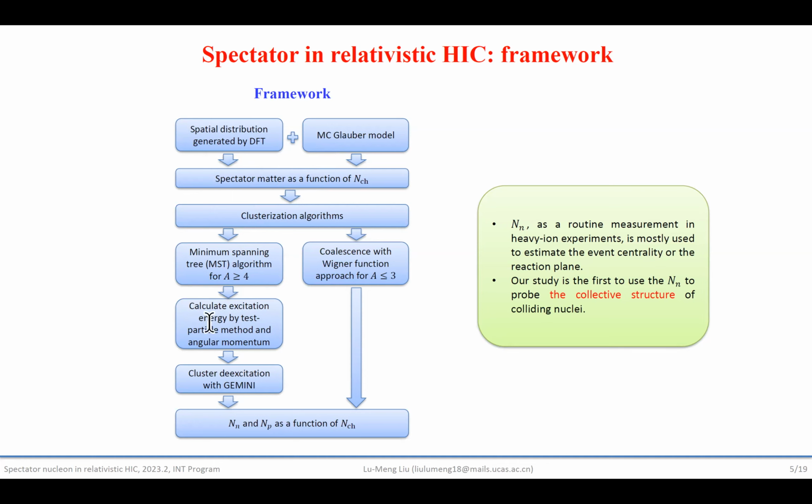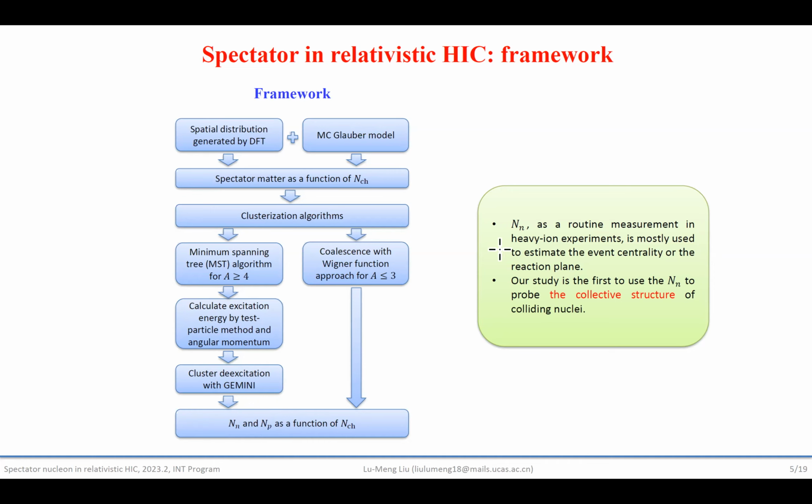Then we use the test particle method to calculate the excitation energy of every fragment. With this excitation energy and the angular momentum, the GEMINI model is used to de-excite heavy fragments. In this way, we can get the final yield of neutrons and protons as a function of charge.